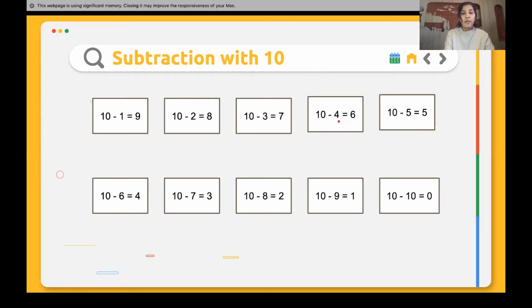And then 10 minus 4 equals 6. 10 minus 5 equals 5. 10 minus 6 equals 4. 10 minus 7 equals 3. 10 minus 8 equals 2. 10 minus 9 equals 1. And 10 minus 10 equals 0.